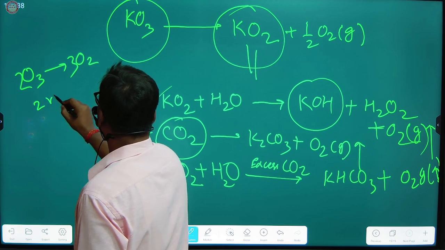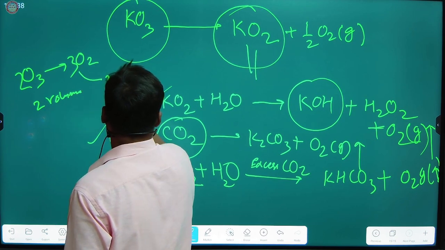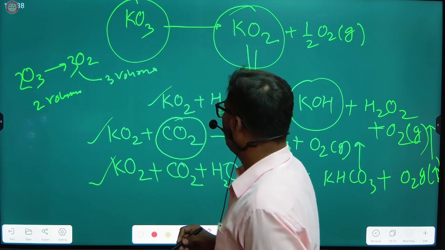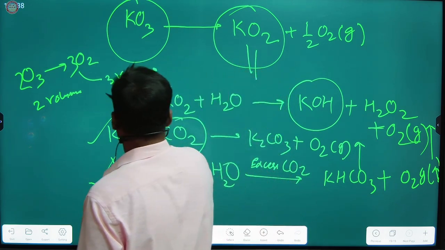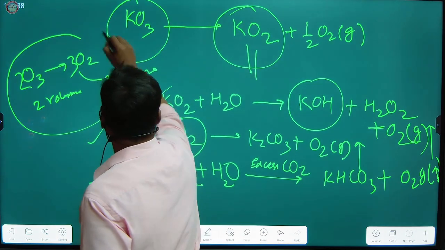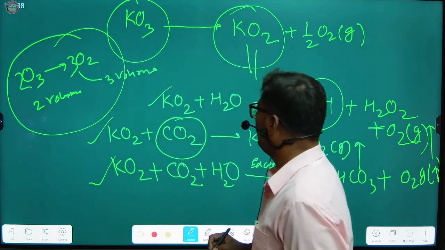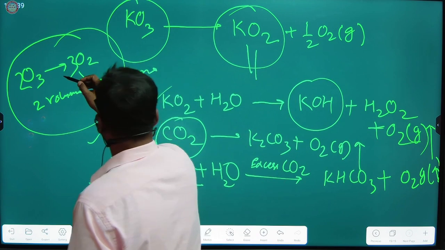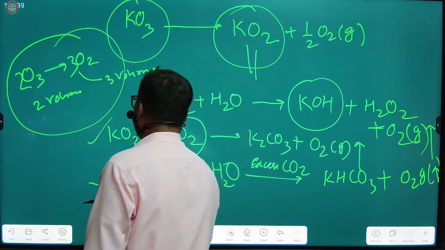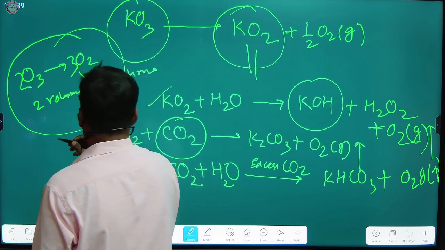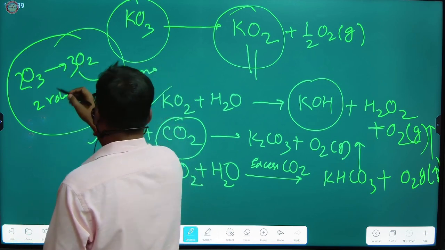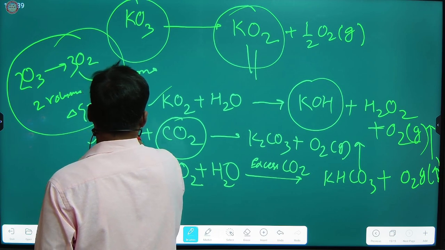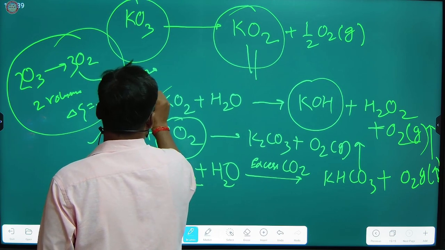It means 2 volumes give 3 volumes. 2 mole of ozone will decompose into 3 mole of oxygen. So this is a great source of oxygen actually, and this decomposition is thermodynamically favorable, which means it spontaneously undergoes conversion. Delta G is equal to minus 163 kilojoule per mole, right?